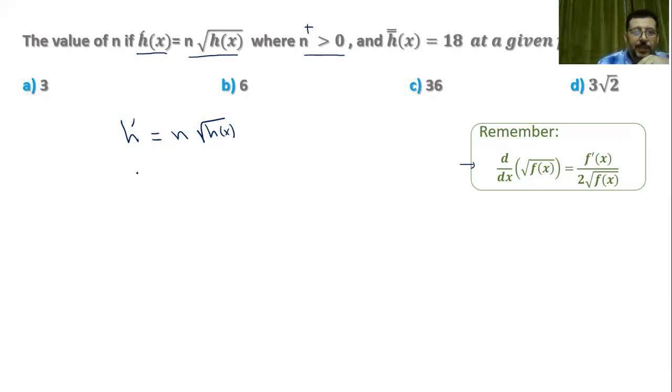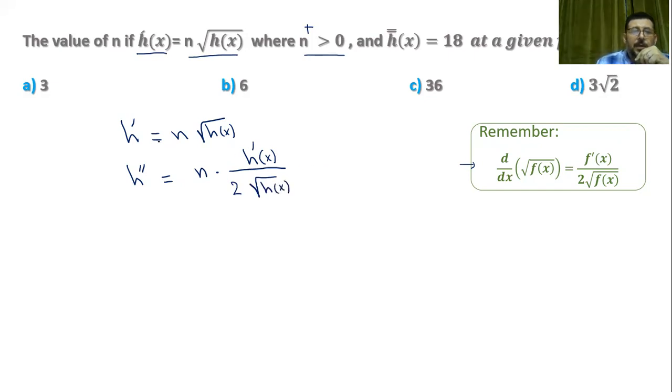So h double prime equals n times the derivative of the inside, h prime of x, over 2 times the square root of h of x.